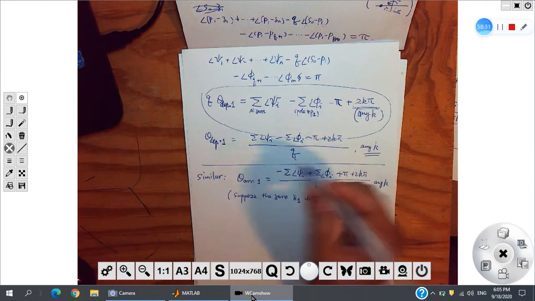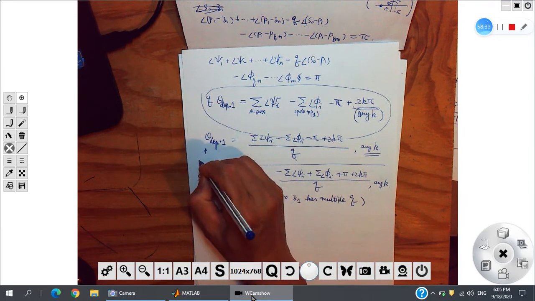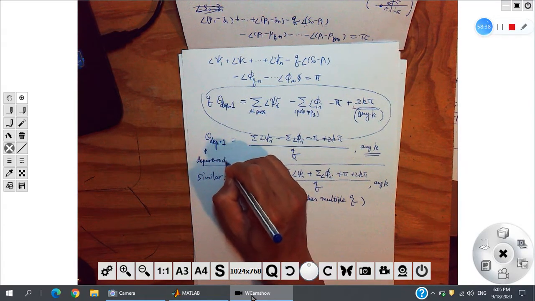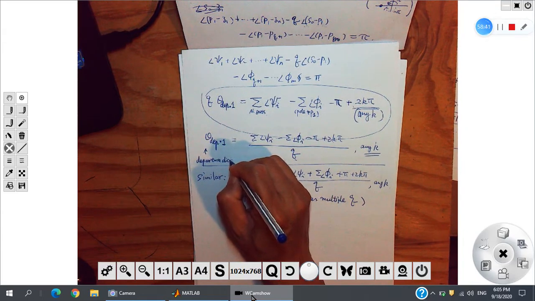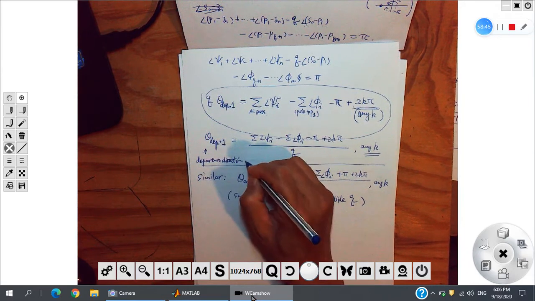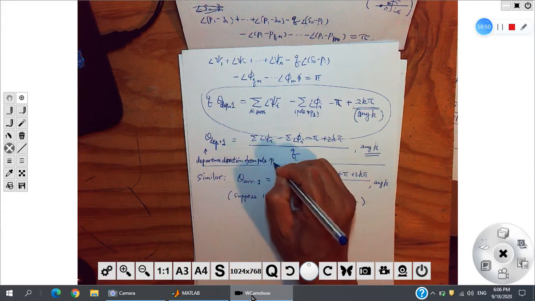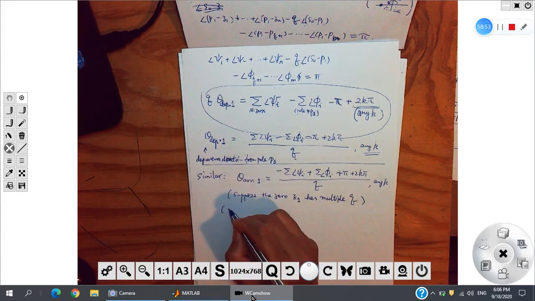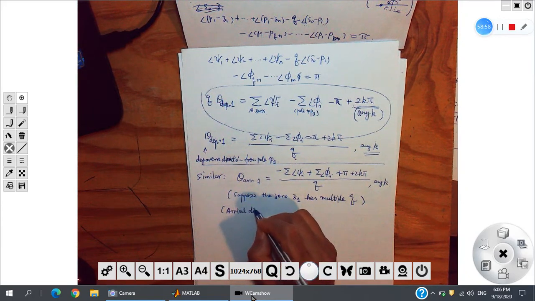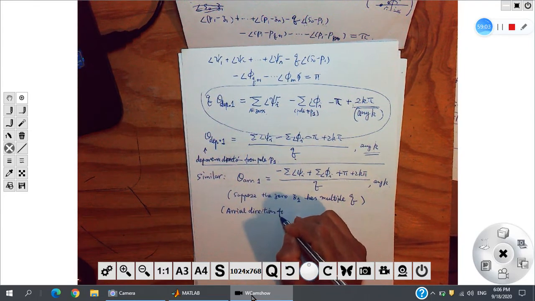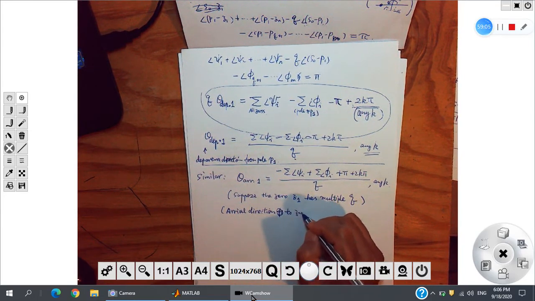And this is a departure direction from pole P1, and this is the arrival direction at zero z1.